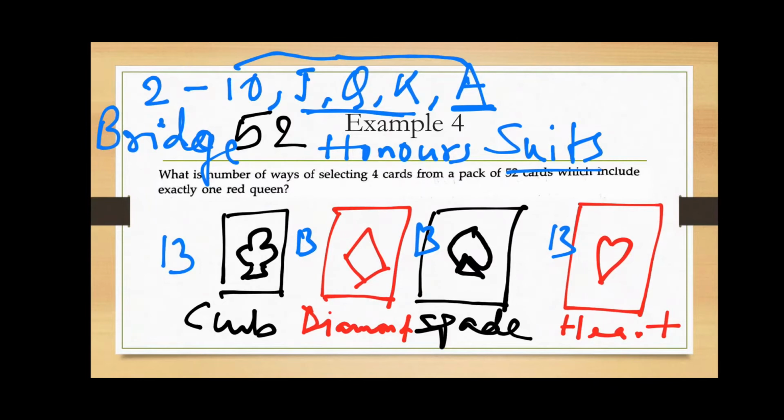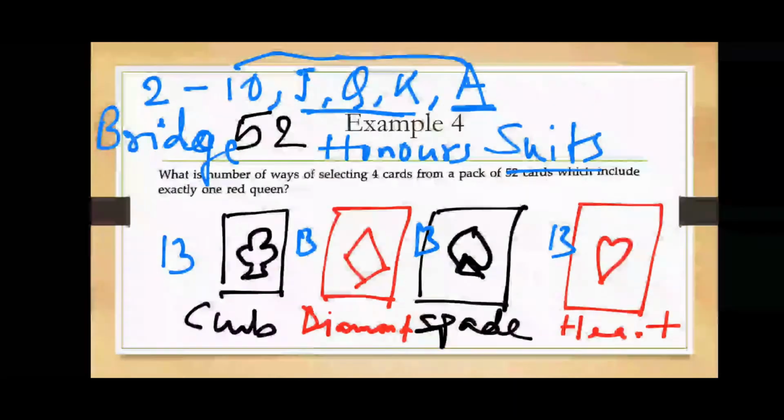In other games, this word may not be used, but there was a question last year where students had doubt about which ones are called the honors cards. So starting from 10 till A, these cards are called honors cards.